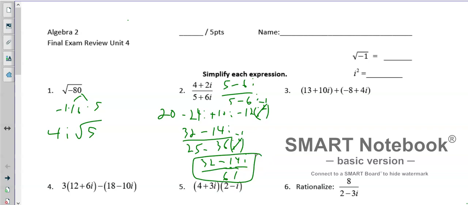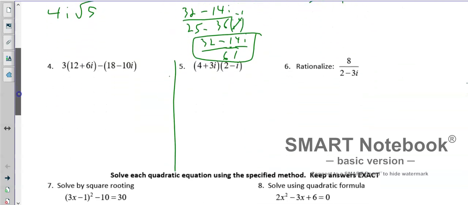Okay, number 3 is addition. So these parentheses really mean nothing, so I can just add like terms. 13 minus 8 is 5, and 10i plus 4i is 14i. And that's it.